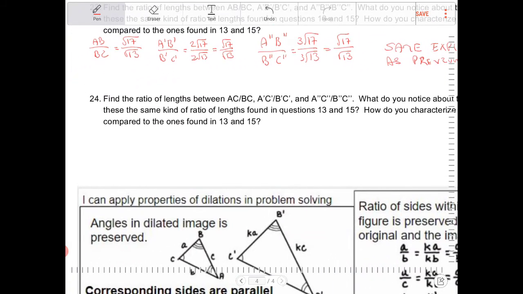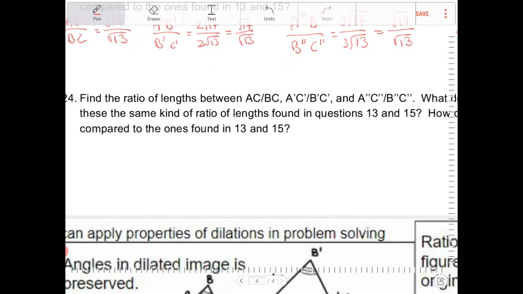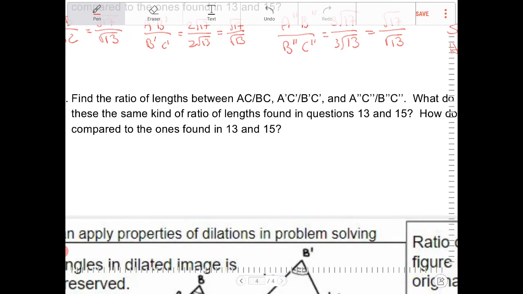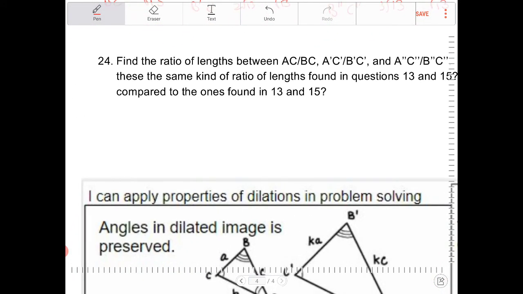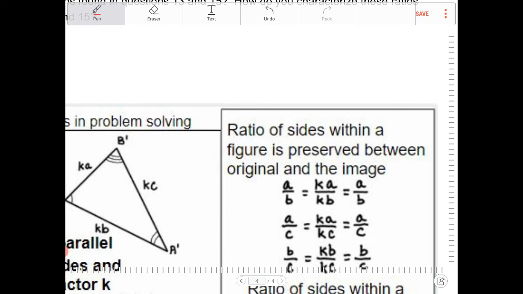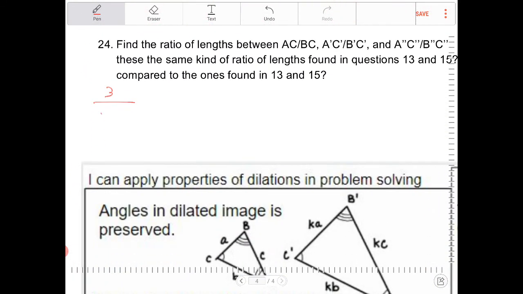Okay. Next, number 24. Find a ratio of lengths between AC, BC. So same question. AC is, what was AC? AC is square root of 10. And BC was square root of 13. So AC to BC.